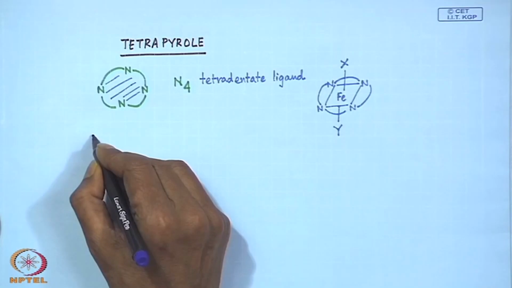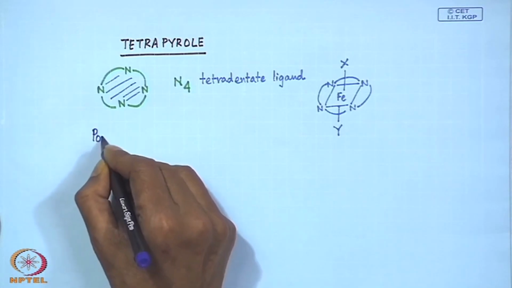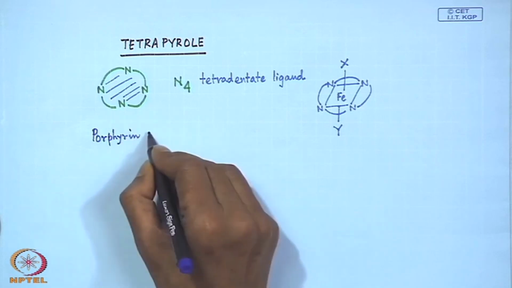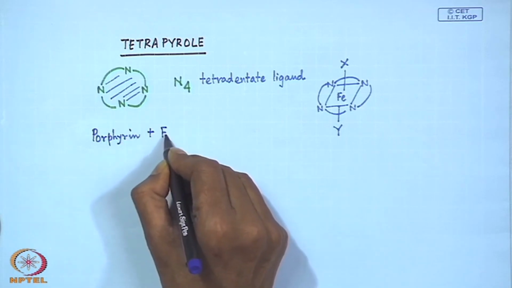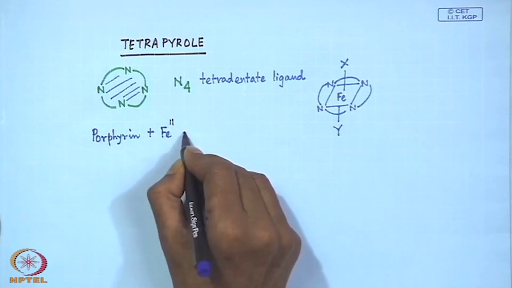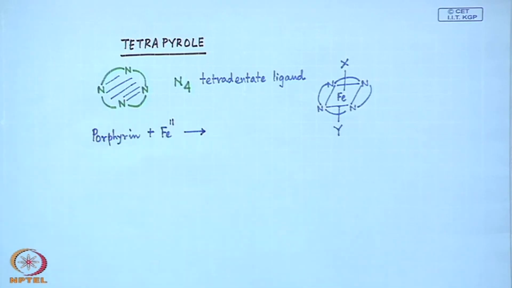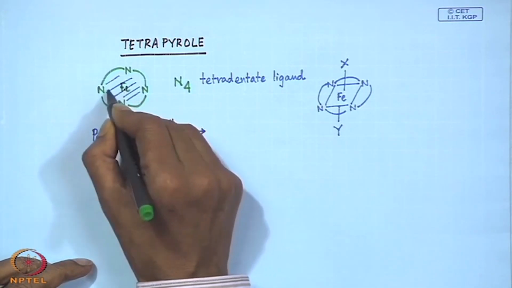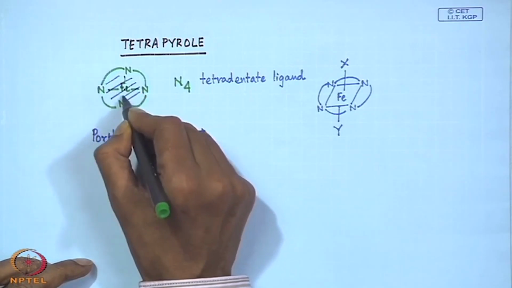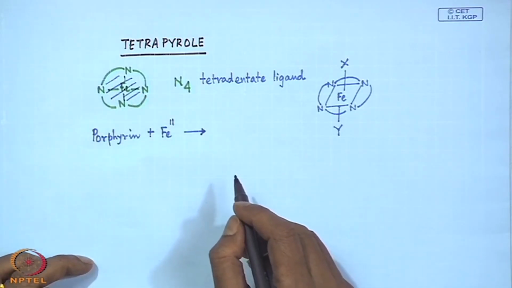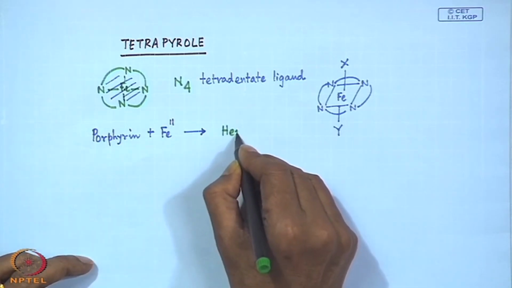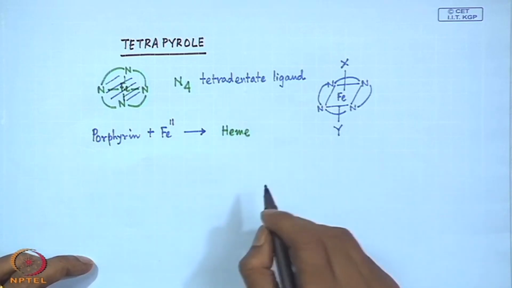So, when we have the simple porphyrin, which is bound to Fe2, that means iron 2, in this plane we have the iron, and when it is bound to all 4 positions, we get the heme group.